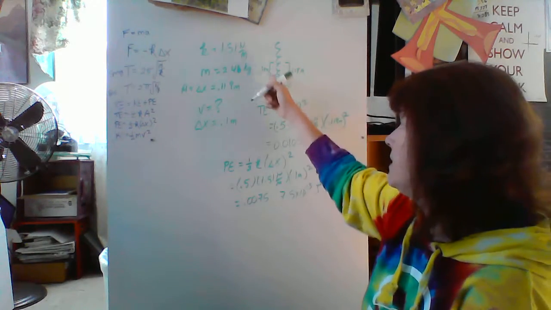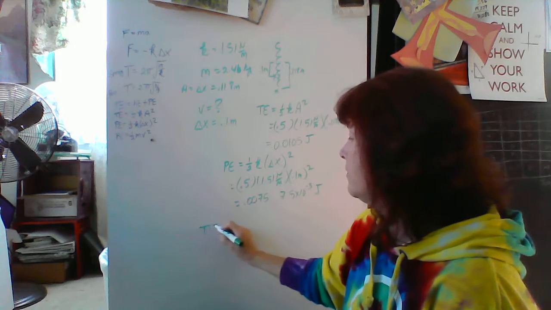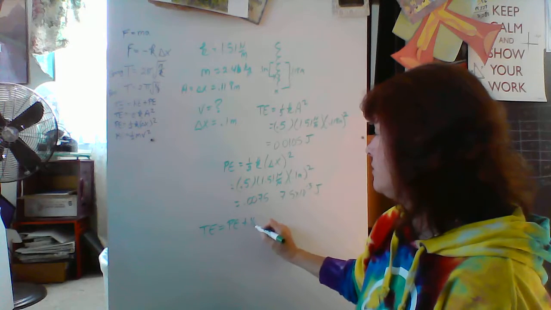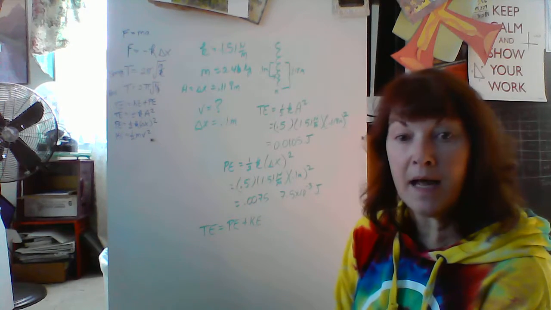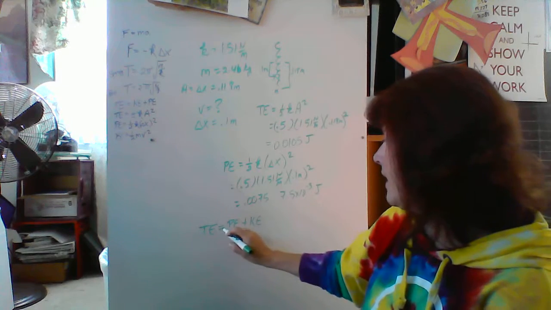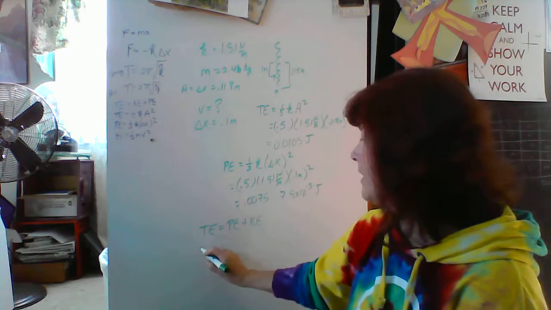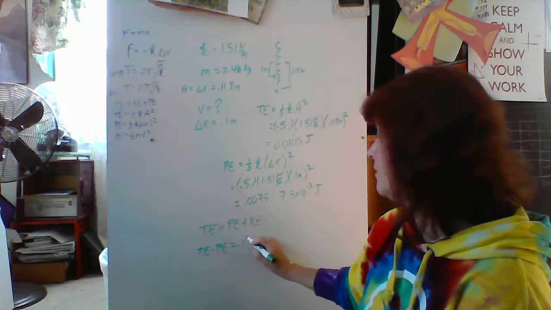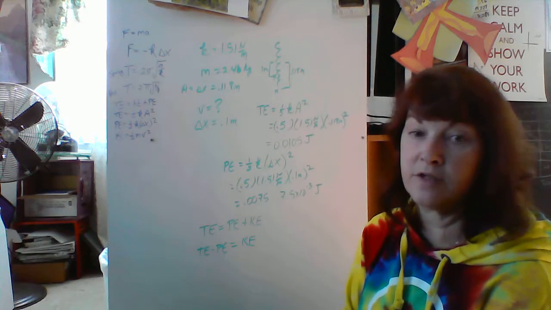So we can then say at this point that our total energy, like any spot, is equal to our potential plus our kinetic. But now we have a couple of those values in order to solve for kinetic energy. So to solve for kinetic energy, we can say the total minus the potential will equal the kinetic energy.